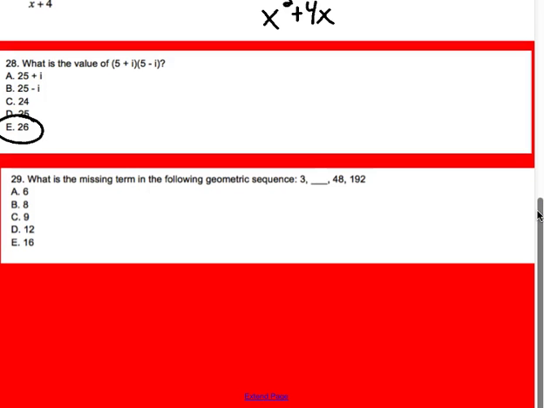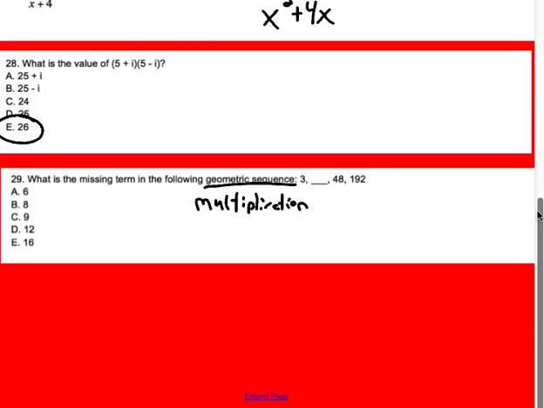For this last one, what is the missing term in the following geometric sequence? So here, knowing it's a sequence means we're doing the same thing over and over again to generate the terms. Now, geometric even tells me a little bit more. Geometric means that the sequence is being produced by multiplication.